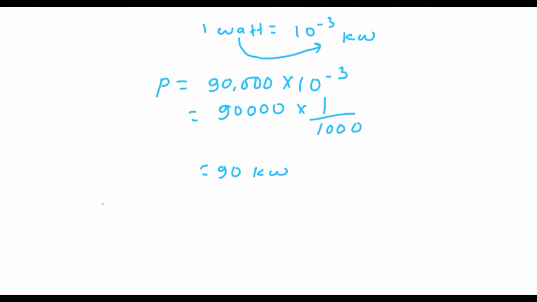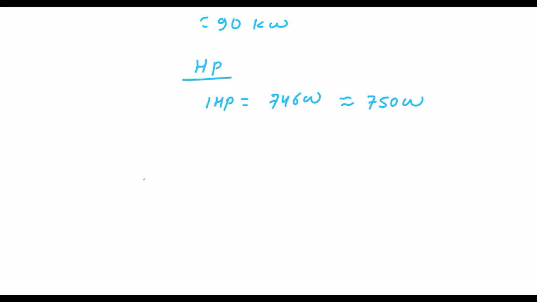90 kilowatt. Again in the next case we have to find the power in horsepower, and we know that 1 horsepower equals 746 watt, and it is also taken as approximately 750 watt. So we have power 90,000 watt, but we have to change it into horsepower.